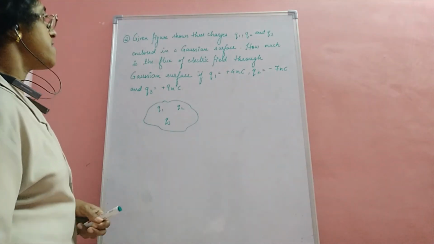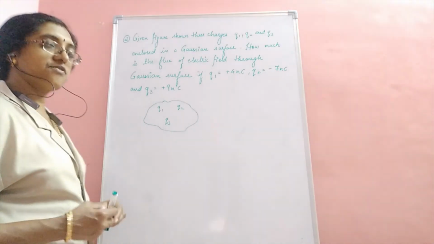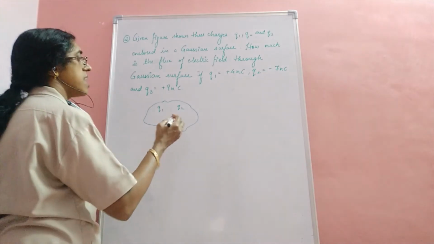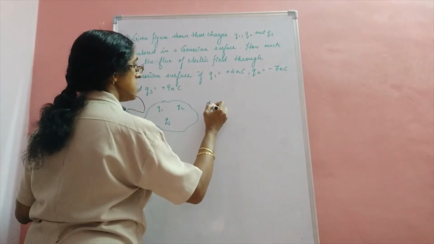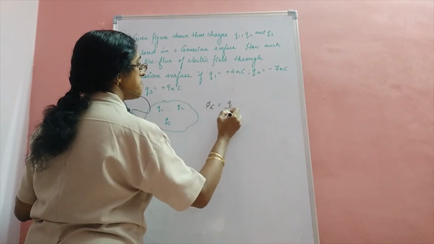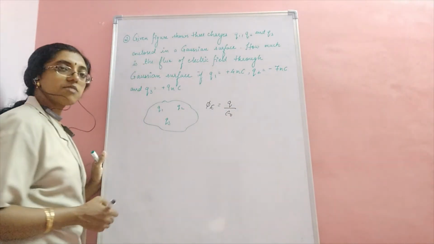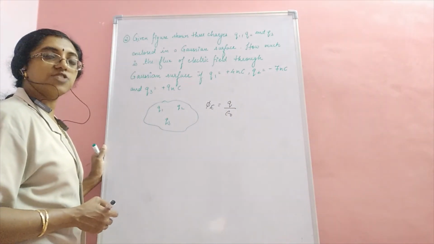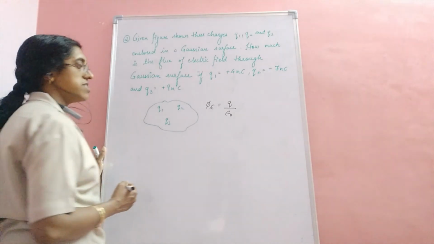Now, in order to find the flux of the electric field, as we know, flux phi E is equal to Q by epsilon naught, where Q is the net charge that is enclosed by the surface.